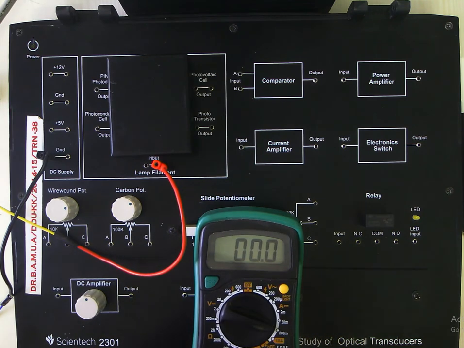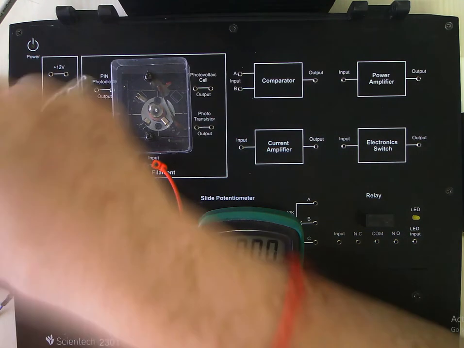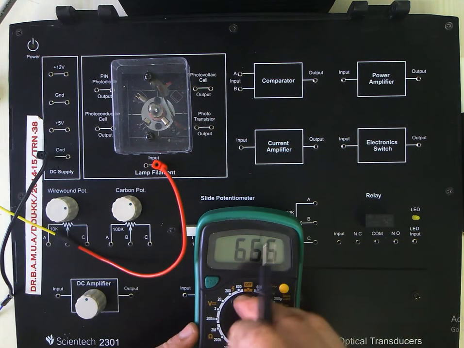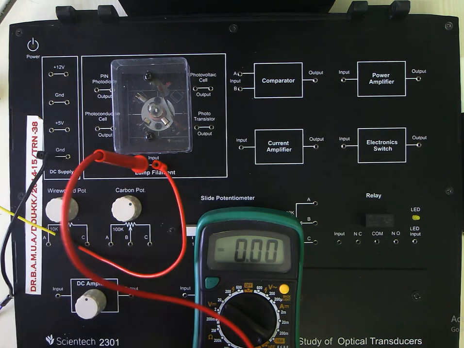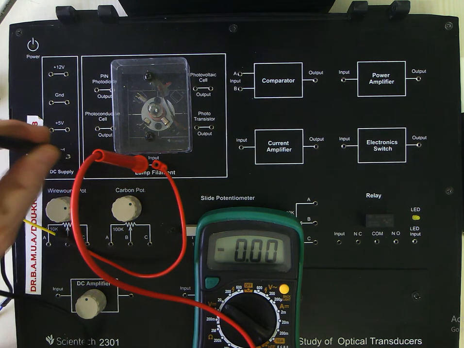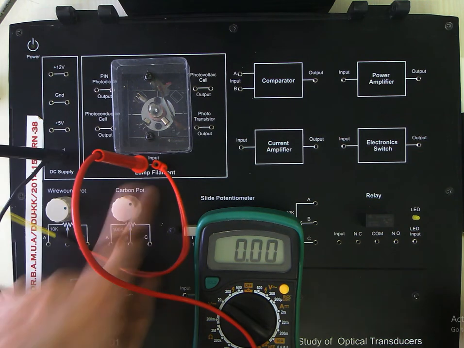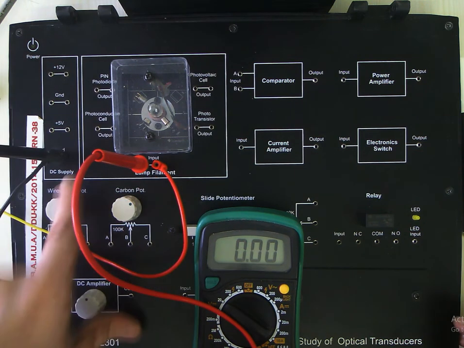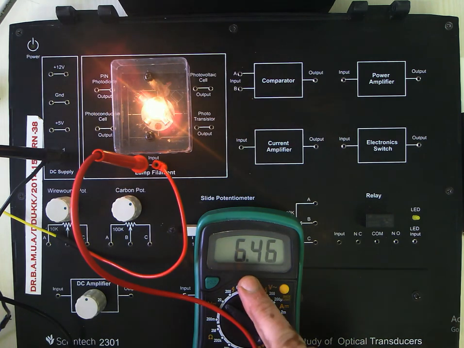You can see here, I will show you that I am just trying to measure the voltage across the filament. So you can see this is one test terminal of the filament. This is the ground. So when the intensity increases, you can find the filament voltage also increases simply.